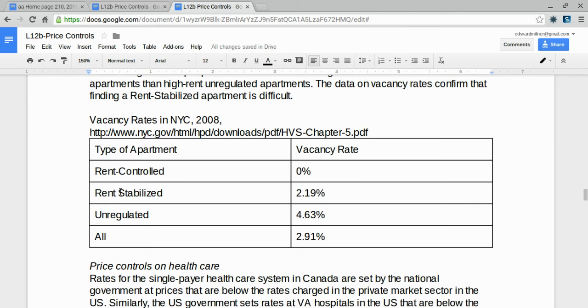Rent-stabilized, it's 2.19%, and unregulated, it was 4.63%, almost double the vacancy rate of the rent-stabilized. So when laws prevent price from rising, vacancy rates go down. Lower vacancy rates are an indication of shortages of apartments.